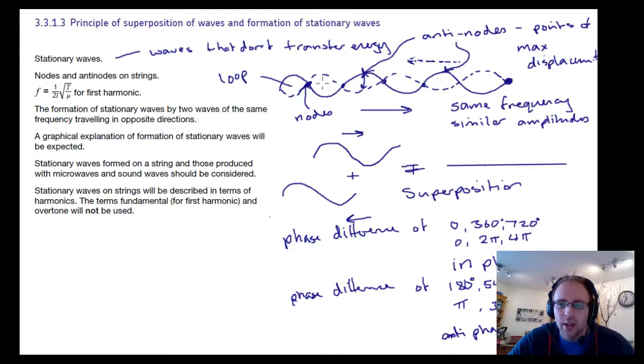So in adjacent loops, we could say adjacent antinodes are out of phase by 180 degrees, or adjacent antinodes are in antiphase, but all of the points on here are in phase with one another, and all of the points on here are in antiphase with all of the points on here.